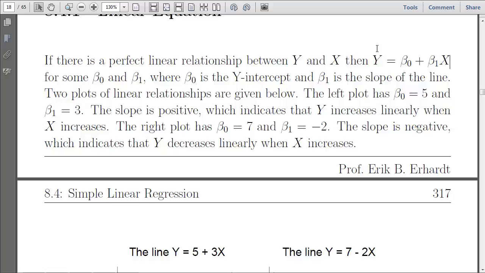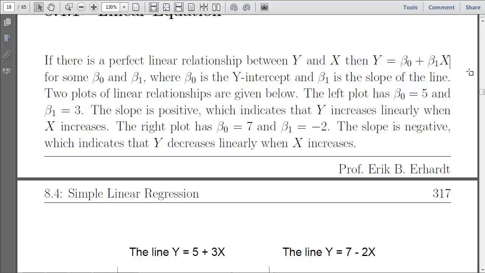But one thing you can do to this equation is take this part on the right and subtract it from both sides. So then you'd get y minus (beta naught plus beta 1 x) equals 0 if you subtracted that from both sides.